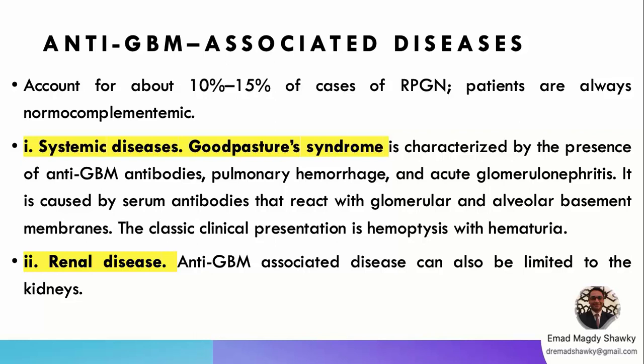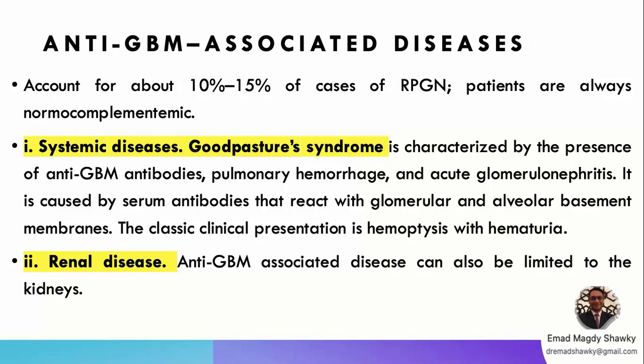The last category is the anti-glomerular basement membrane associated disease, and this accounts for 10 or 15% of cases of rapid progressive glomerulonephritis. Again, it can be a systemic disease, affecting the lung and the kidney, causing pulmonary hemorrhage and acute glomerulonephritis, or renal limited, associated with disease limited to the kidney.